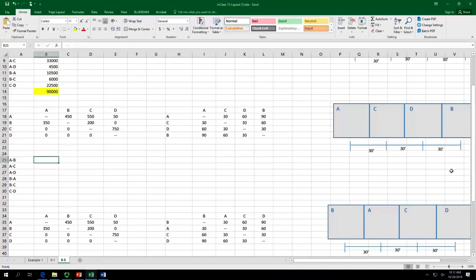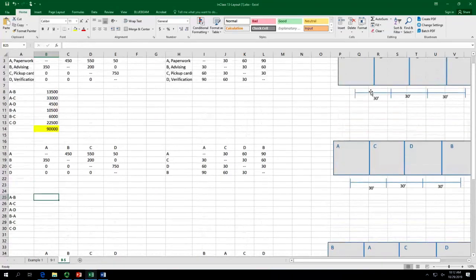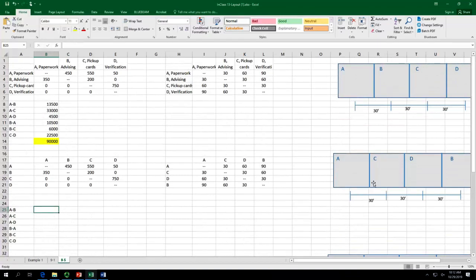So how about this one? We put instead of A, B, C, D, now we put A, C, D, B. Separate A and B to see how you calculate the total moving distance and the total count of people. So in this case, A and B, the load is what?